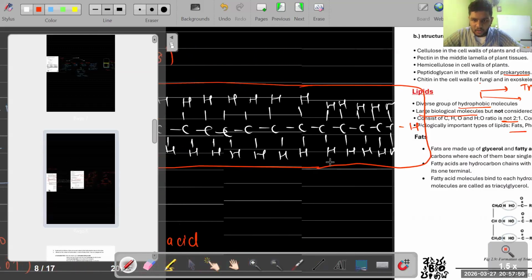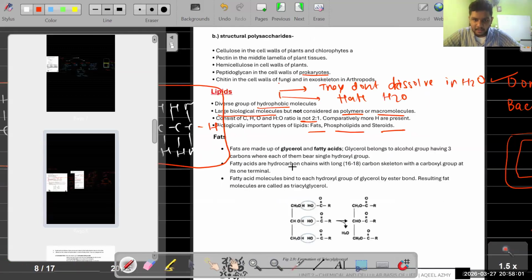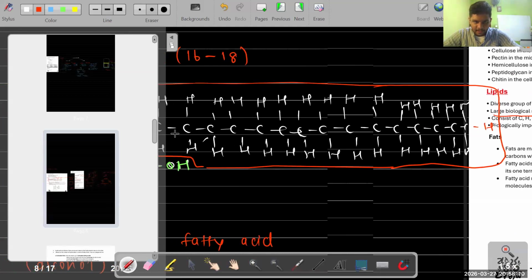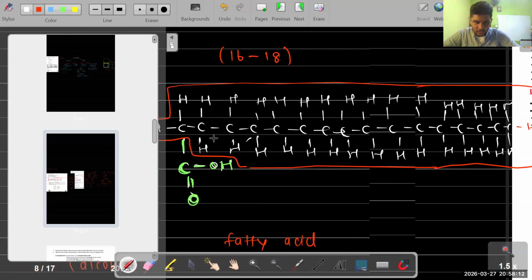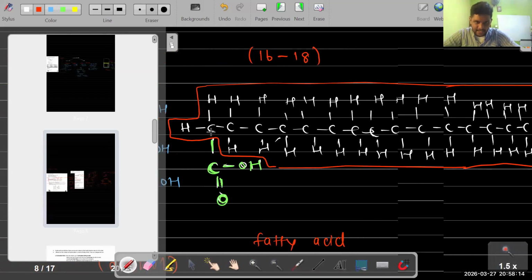See here they are using the words long carbon skeleton chain, right? Hydrocarbon chain, right? Hydrocarbon means it should contain carbon and hydrogen. Can you see? This is a hydrocarbon chain. This red part completely. Now I have excluded this green part. The green part is also attached at one terminal, which means at one end it is attached. But I have excluded that. I have said that this red part is completely called the hydrocarbon chain. Can you understand that? Will you agree with that?